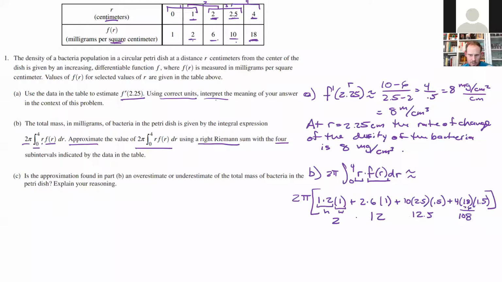And then we're just adding those up. And then times 2 pi. So 110, 134.5 times 2 pi. So that'd be 169 pi, I guess, if my numbers work out.